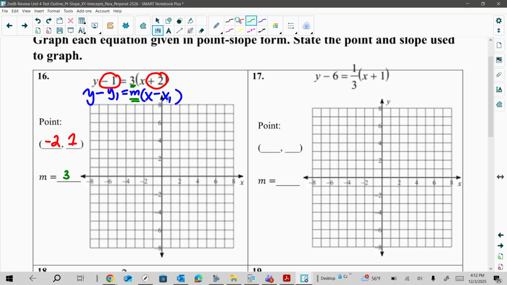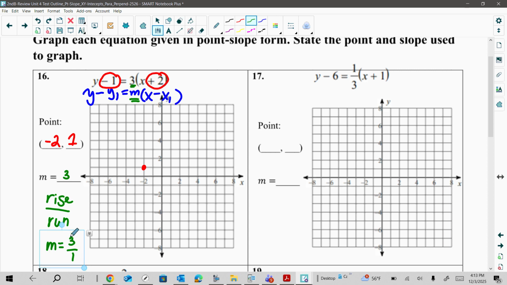So we plot the point first. Starting at the origin, we move in x to the -3, and then we go up 1 and plot the point. Then we're going to use our slope. Remember, our slope is counting the rise over run. So if our slope is 3, that means 3/1.